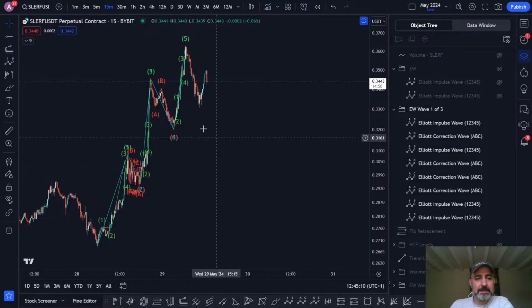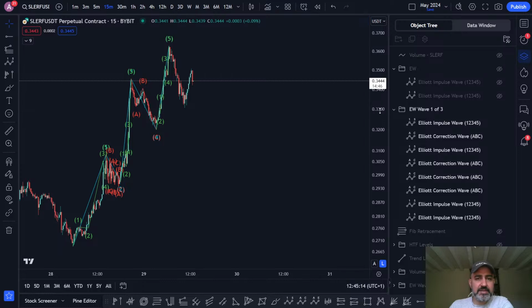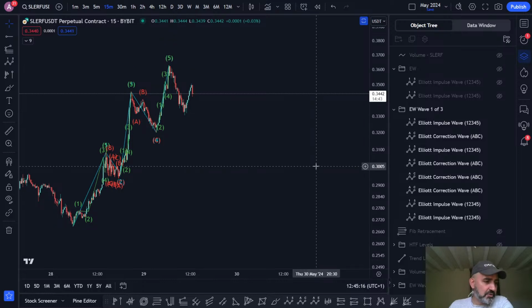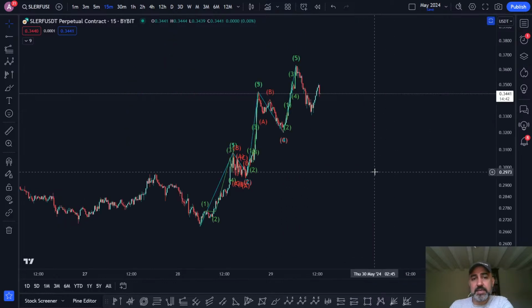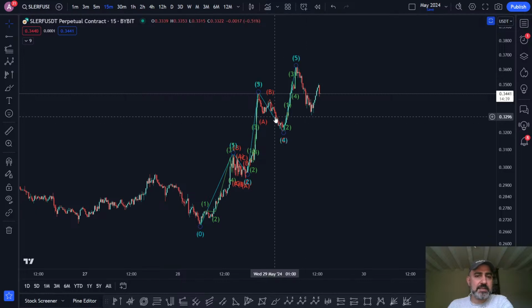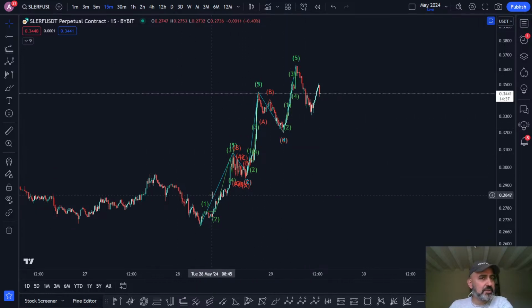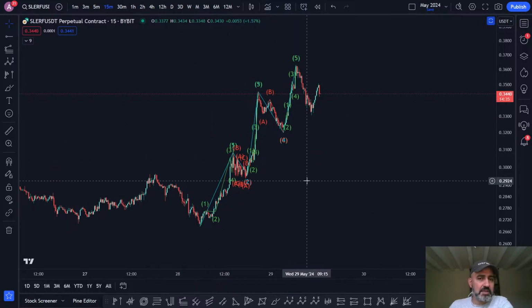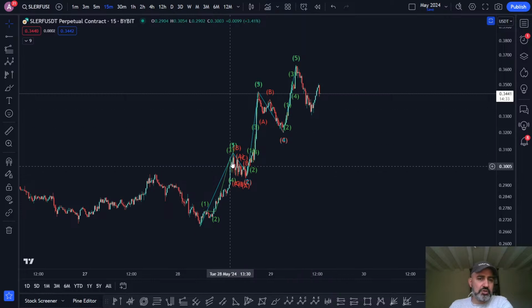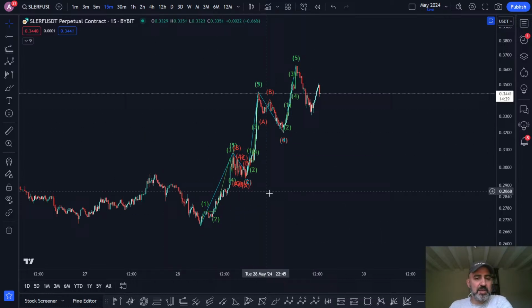Probably going down. So now that we have this idea intact, the other thing you can do is timings, and you do timings in the context of the waves. So there's 2 things you can do. You can do extensions based on trend, and then you can do fib timings.